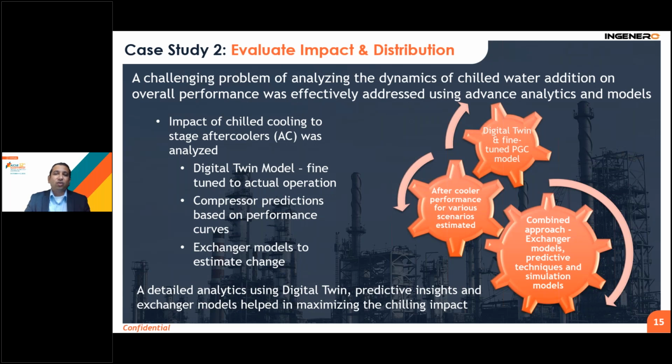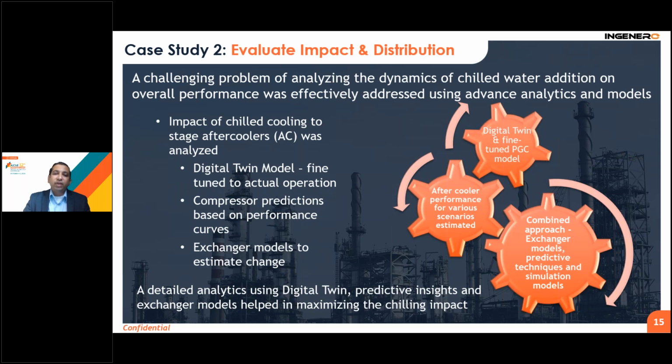However, it doesn't stop there. This aftercooler outlet change impacts the stage performance of the compressor, and the downstream stages and aftercoolers also get impacted. Due to these changes, it will eventually help reduce the overall temperatures and the volumetric flow rate across the compressors.